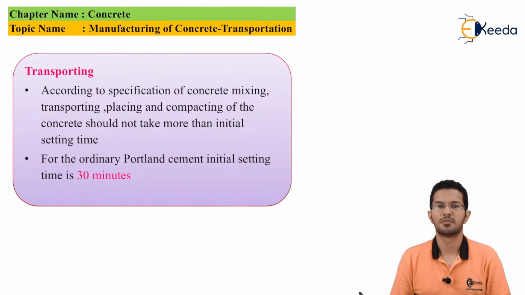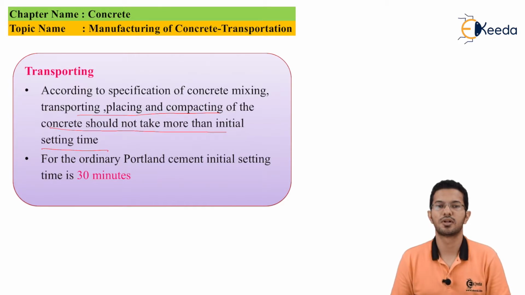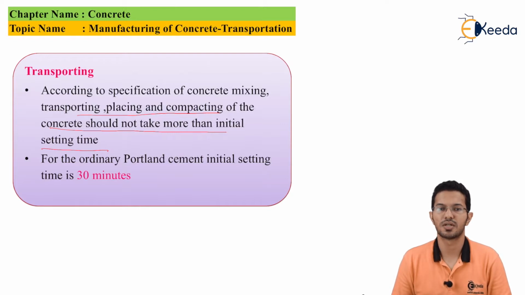The maximum time allowed for the transportation process must be less than the setting time of cement. The setting time of the Portland cement is less than or equal to 30 minutes. If we are using ready-mix concrete carried in an agitating truck, then as a general rule of thumb, 30 to 60 minutes of transportation are acceptable on small jobs.